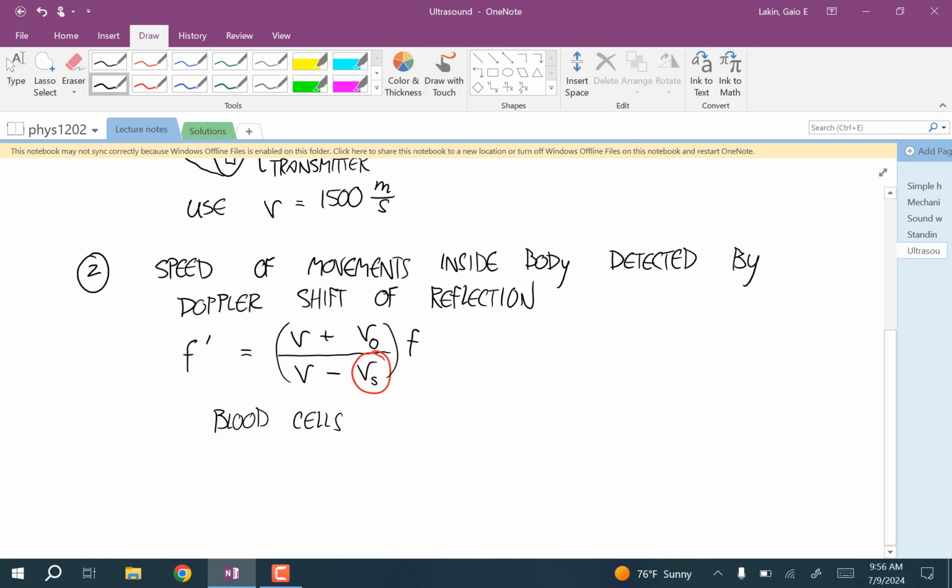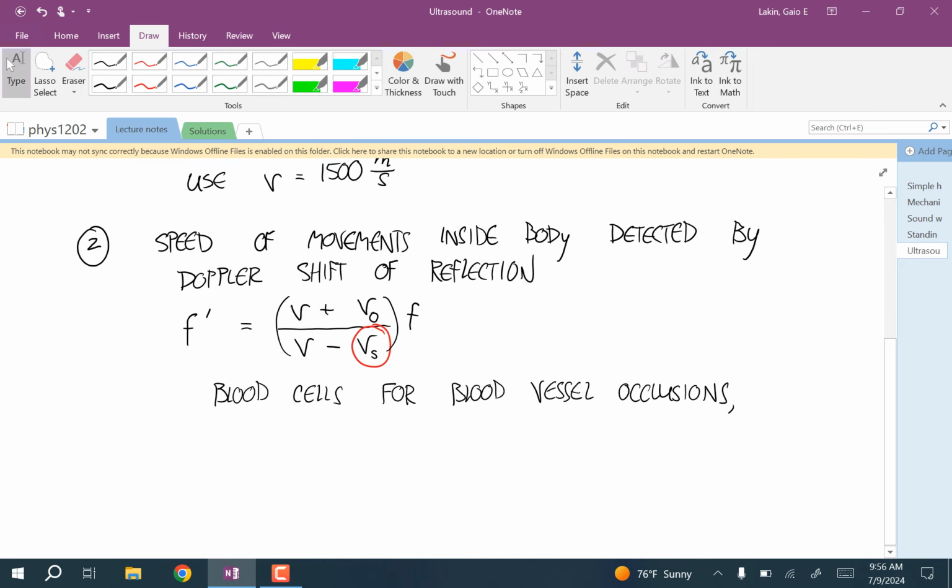And that speed can help you find occlusions in blood vessels. You can also do reflections off of things like heart valves and the walls of the heart to compare to normal values and look for functioning that way.